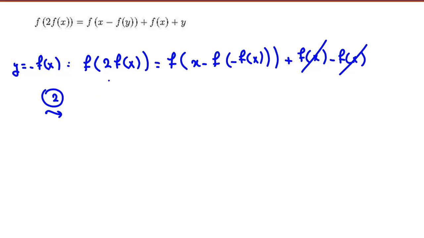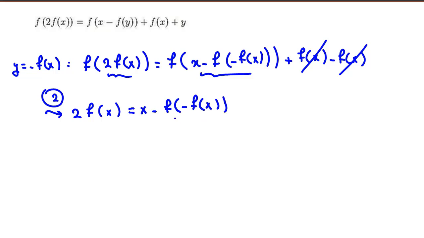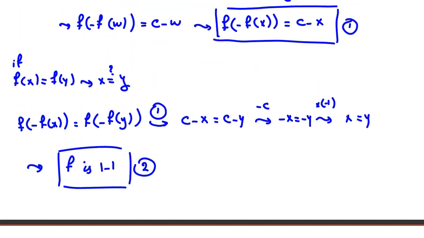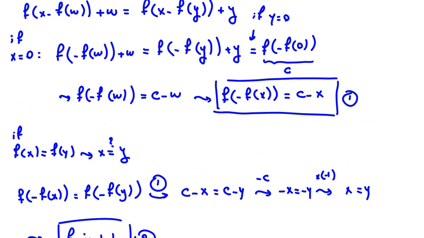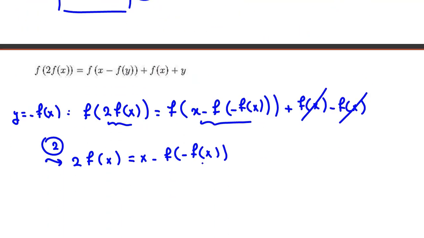Now here, because f is 1 to 1, we can say the insides are equal. So 2f of x equals x minus f of negative f of x. And for this one, by the first thing we've reached, f of negative f of x is c minus x. So here you can say c minus x, so it is x minus c minus x.